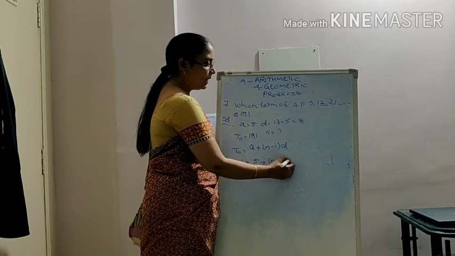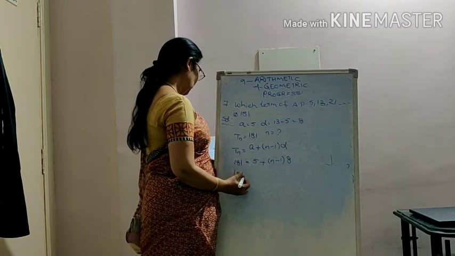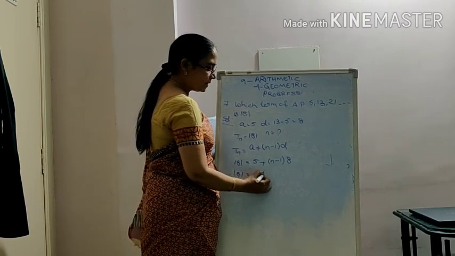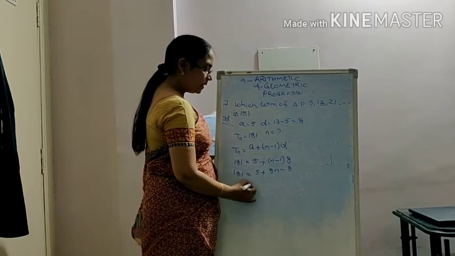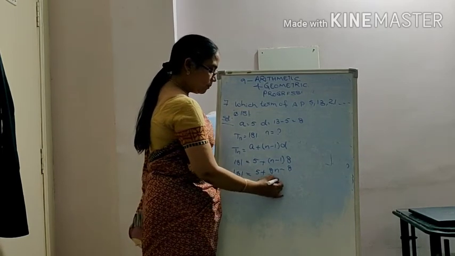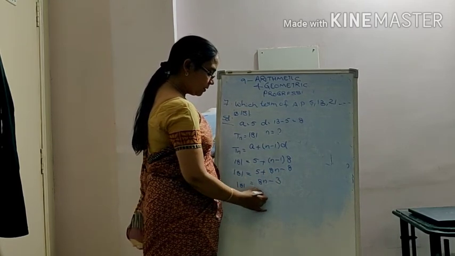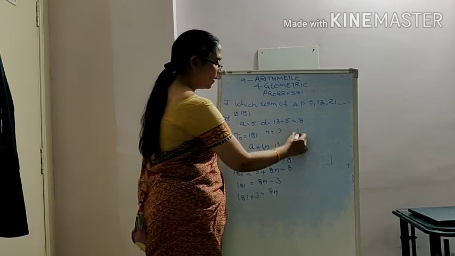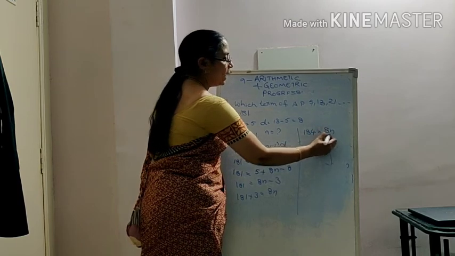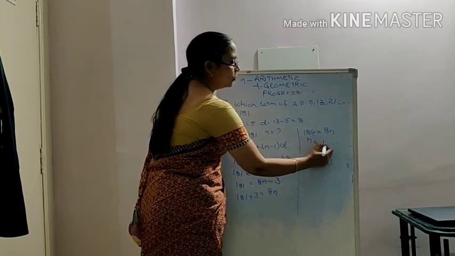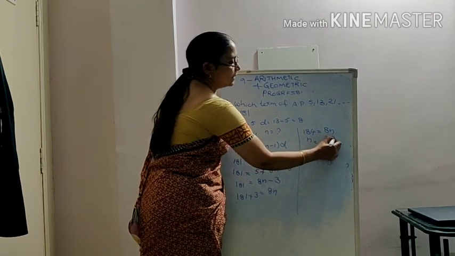But we know D, that is 8. 181 is equal to 5 plus 8n minus 8. 181 is equal to 8n minus 3. 181 plus 3 is equal to 8n. 184 is equal to 8n. n is equal to 184 by 8. 8 2s are 16. 8 3s are 24.